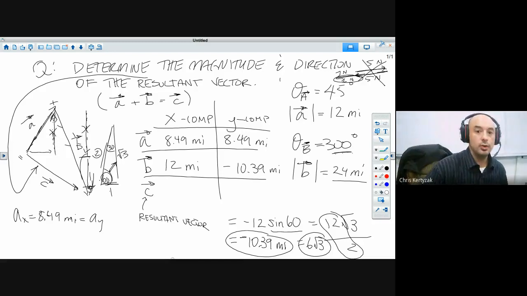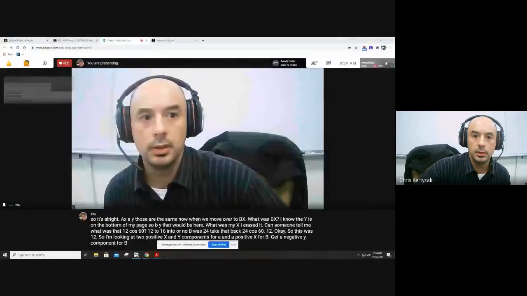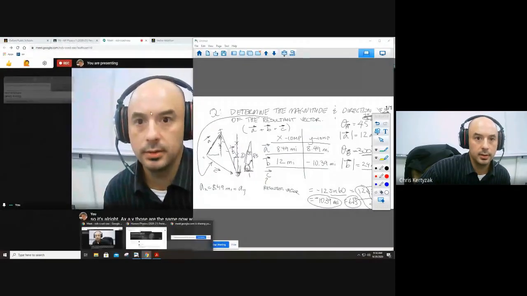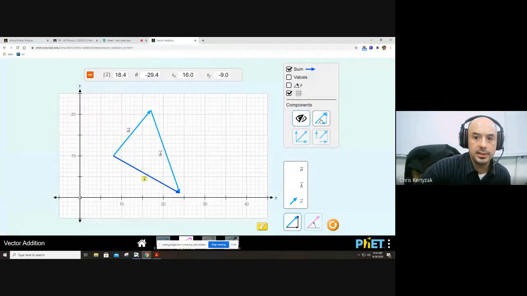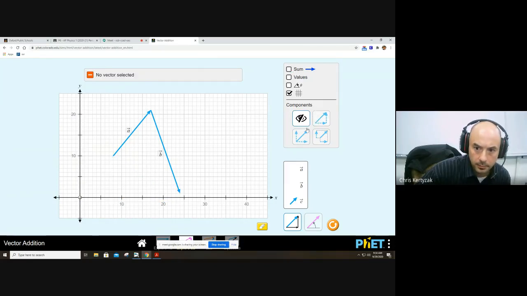So I'm looking at two positive X and Y components for A, and a positive X for B, yet a negative Y component for B. Let's go back to our visual and put these in. That's the best view.